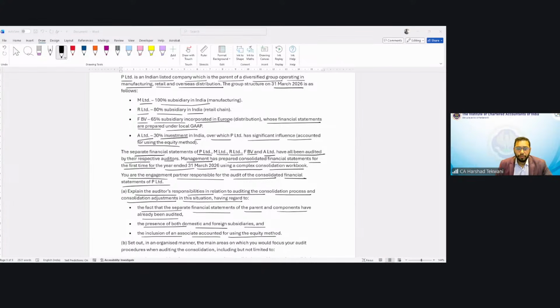Very good, yes. Anything else? In case of a subsidiary, the line by line addition will be there in the CFS, but for an associate, we will not do the line by line addition in the CFS, since it is done under the equity method.